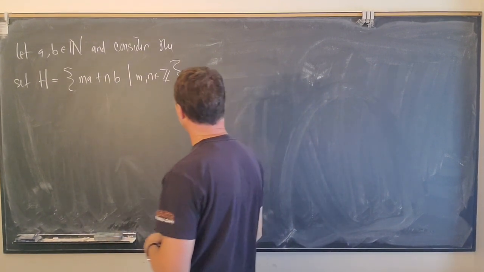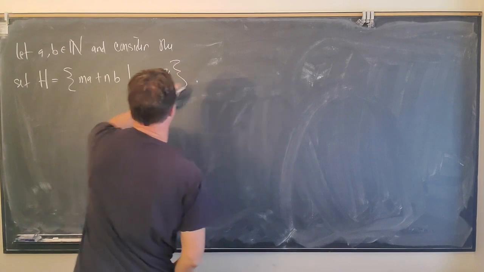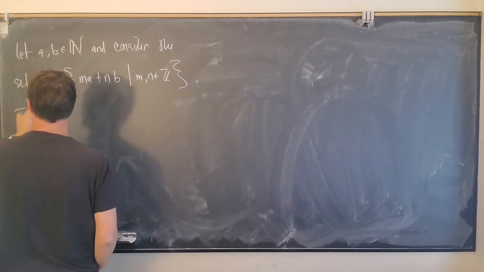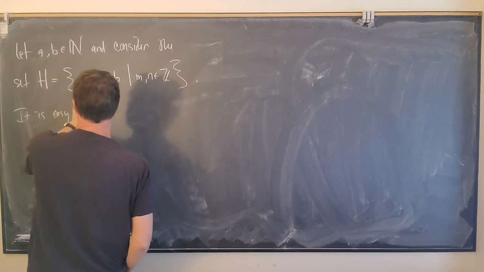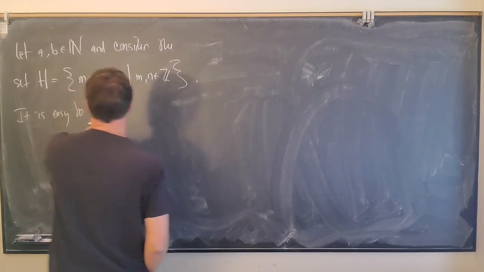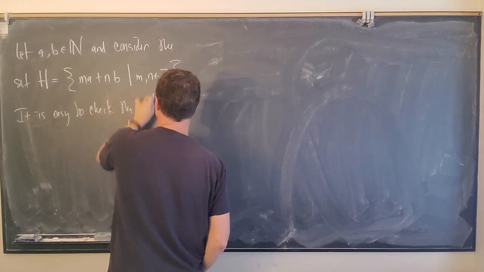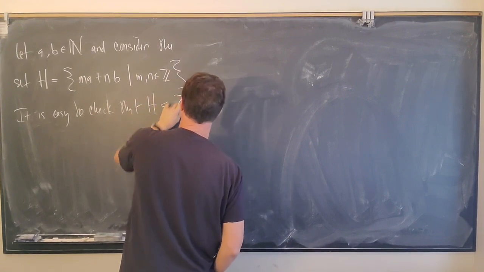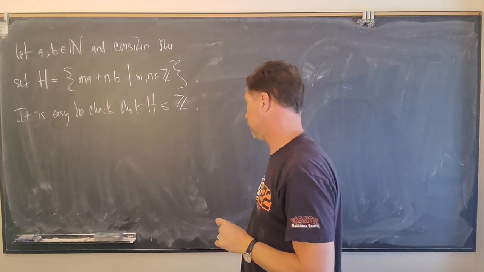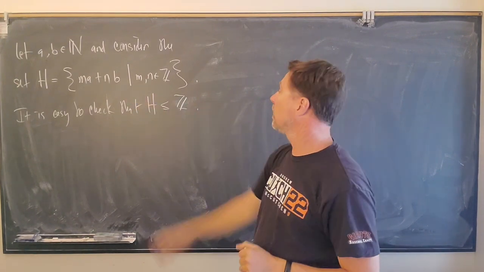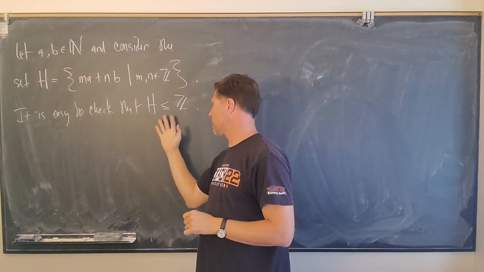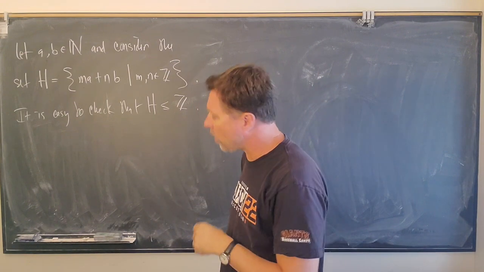Now it's easy to check that H is actually a subgroup of Z. I'll leave that as an exercise; just use the subgroup test to verify it. So now, what do we know?